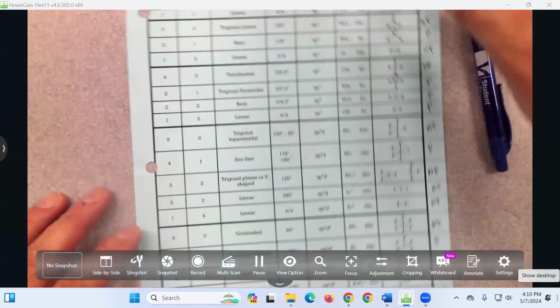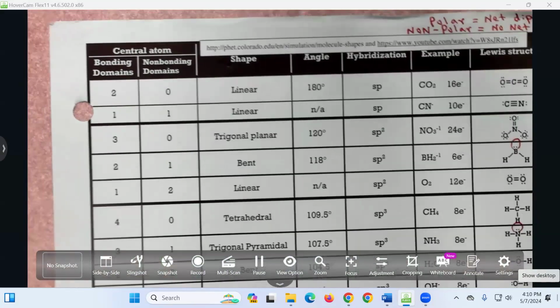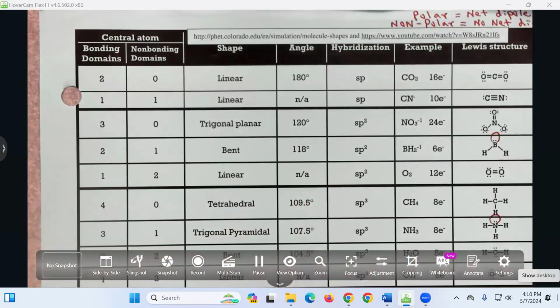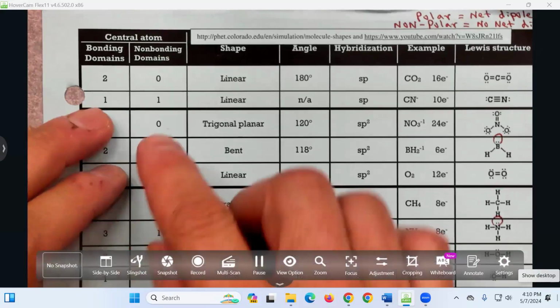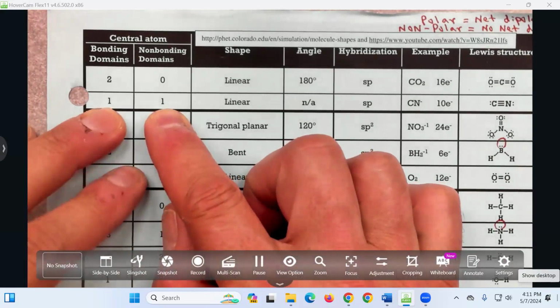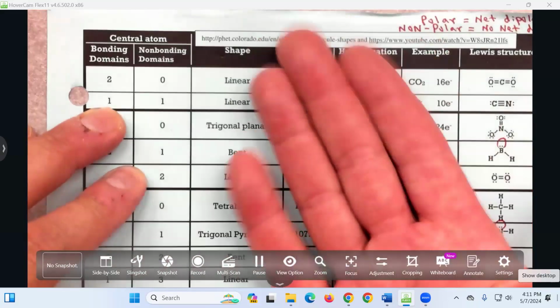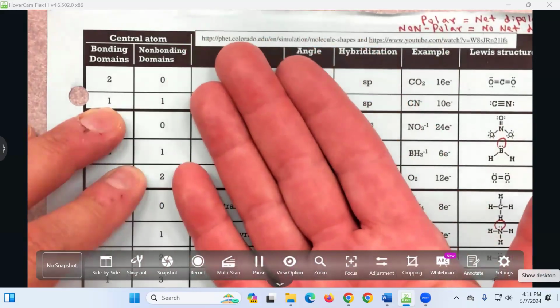So if we go to our blue sheet, if we have 2 bonding domains, or if we have 1 bonding domain and 1 non-bonding domain, my electron pair geometry remains a 2, correct? My electron pair geometry remains a 2.